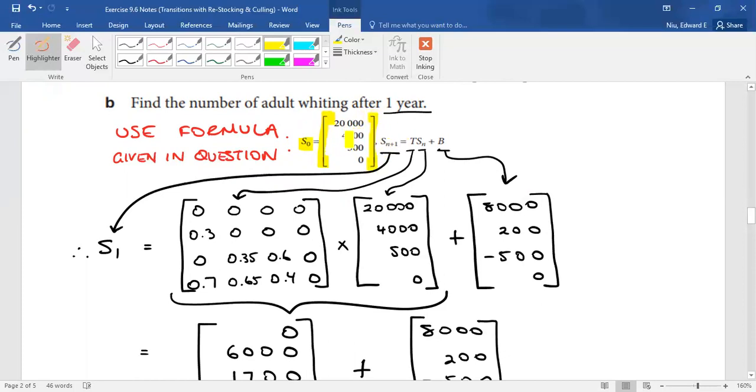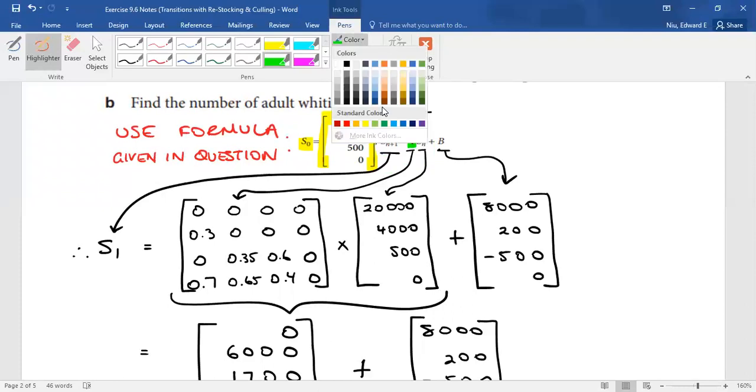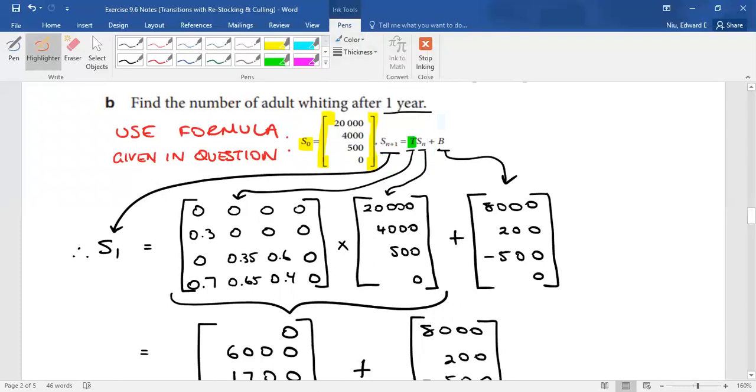That's our S0, the amount of eggs, young or baby whitings and adult whitings that we started with. Our T is our transition matrix that's given to us already. Our SN in the first year, if this is S1, then this SN here will be S0. Again, we'll talk about that in a moment after I highlight the B with our baby blue.